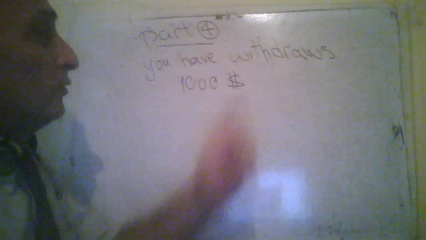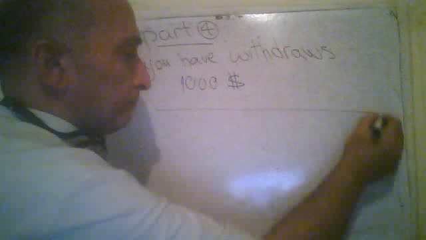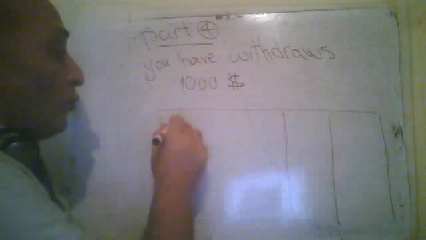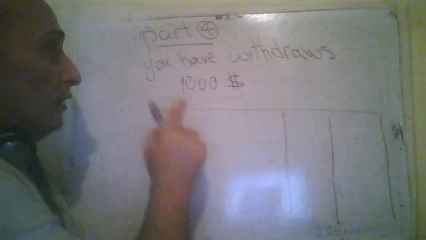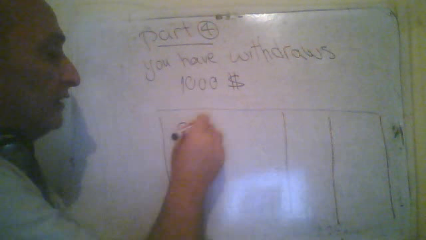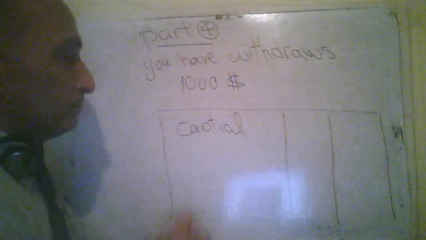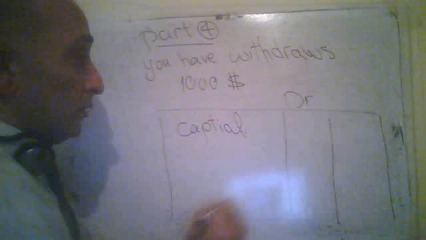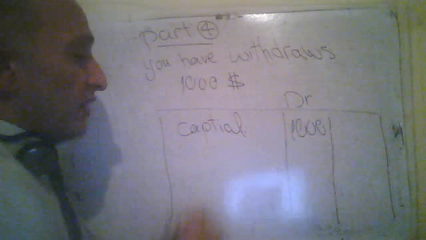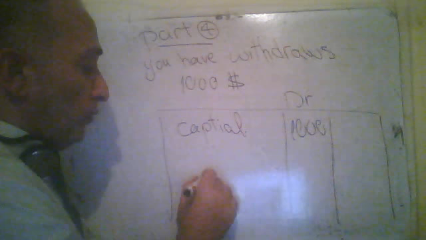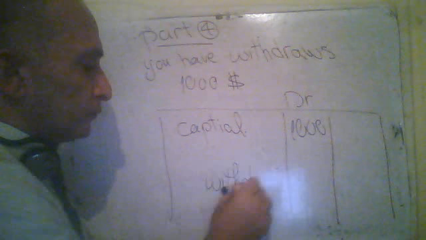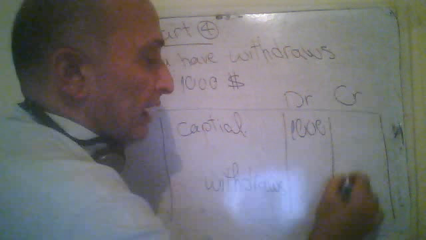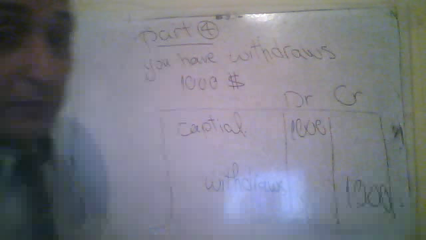I close withdraw like that. Withdraw closing in capital like that. Capital debit by $1,000 and withdraw credit by $1,000. Okay?